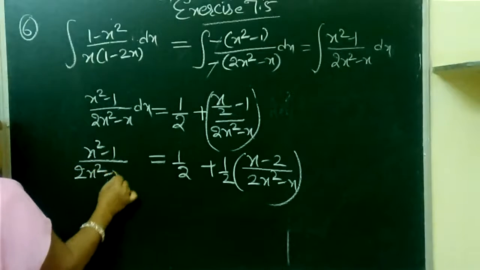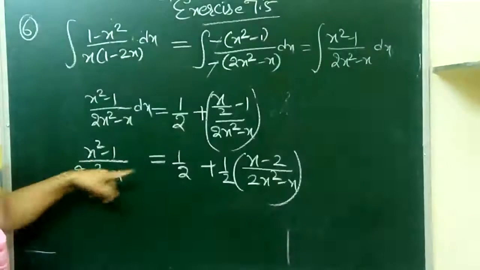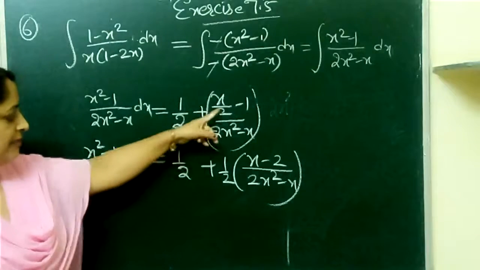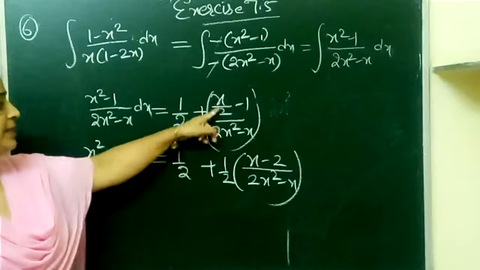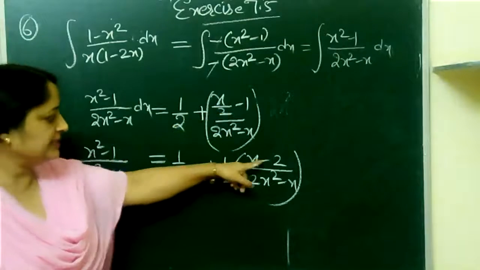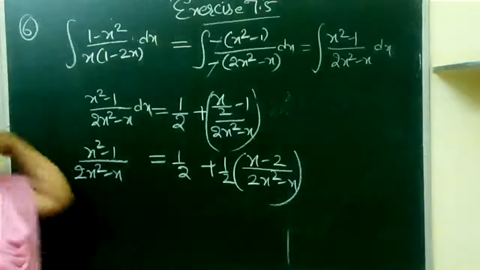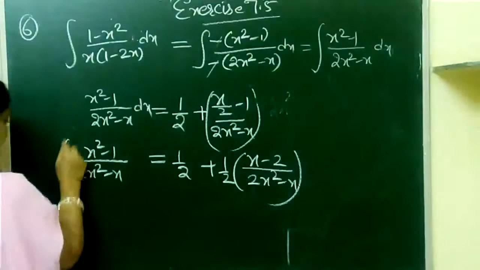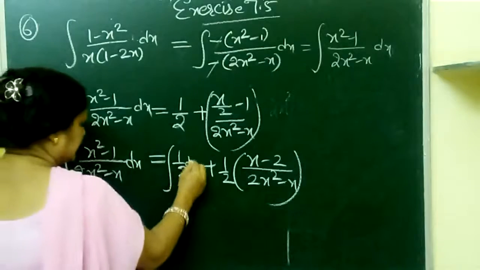We are making this improper fraction a proper fraction. After dividing, it comes quotient plus remainder upon 2x square minus x. After that, taking LCM x minus 2 and taking this half outside, it is coming here. After that we will take the integration sign with dx.